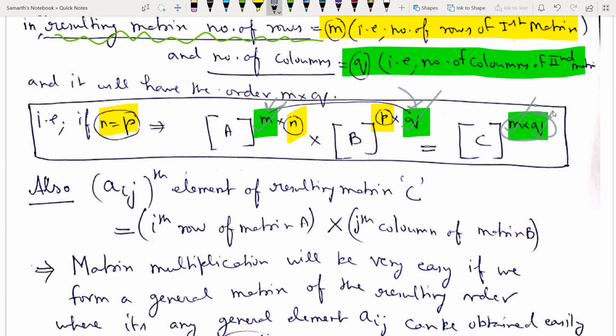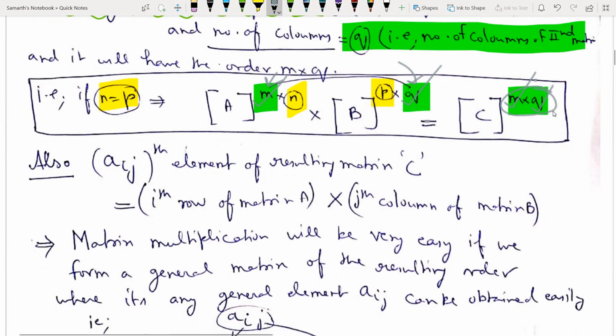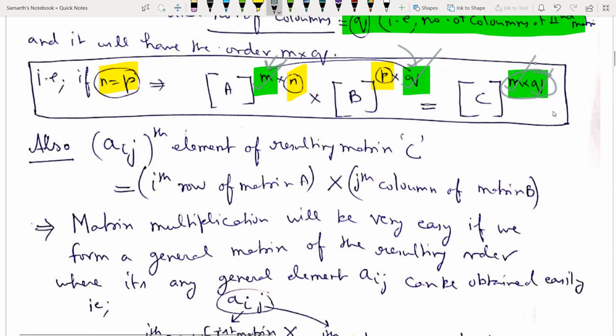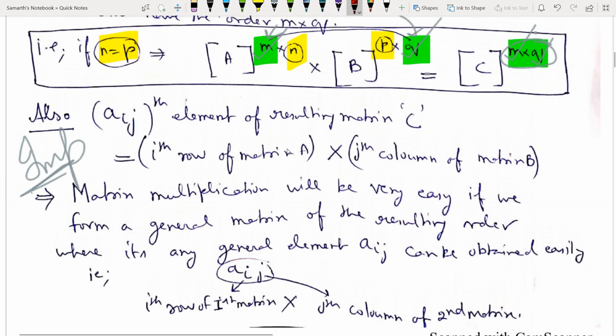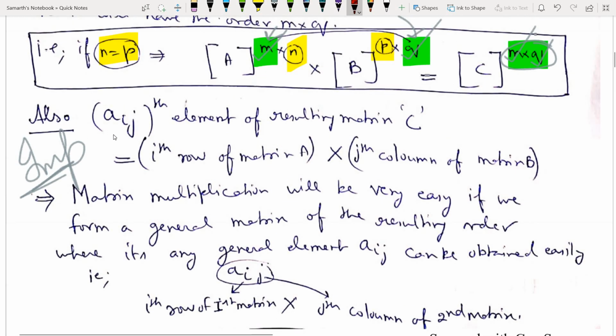Now how to find the resulting matrix C? I have written the aij-th element of the resulting matrix C. I have taken any general element of the resulting matrix, suppose you have multiplied and you have got the matrix. But over here the aij-th element is different from what you learnt earlier.